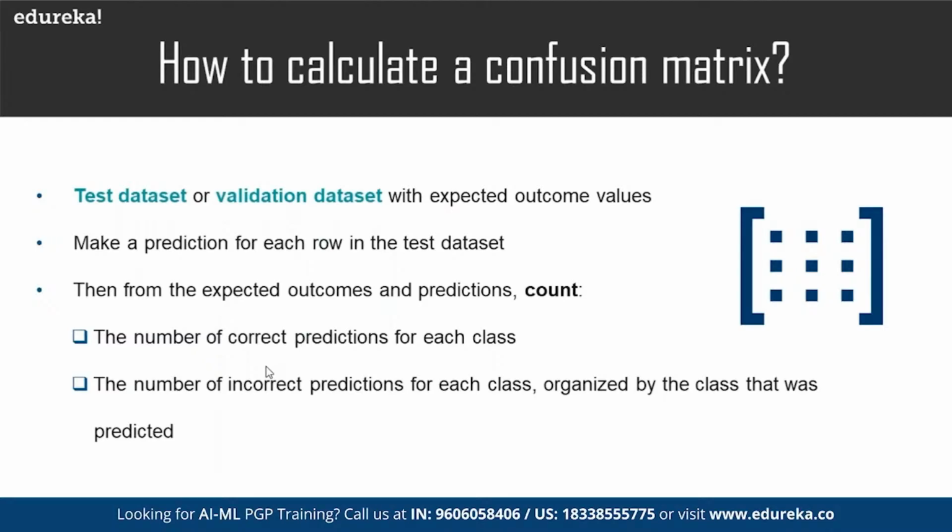There are different kinds of stuff we get to meet, but at this point this is out of scope for us. So the number of incorrect predictions for each classification is organized by the class that was predicted.